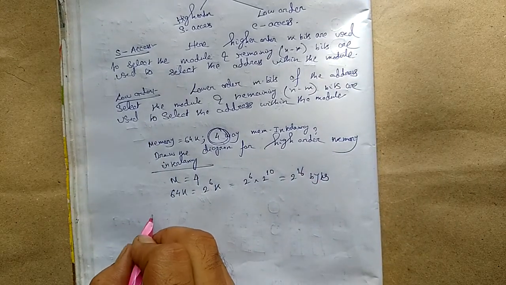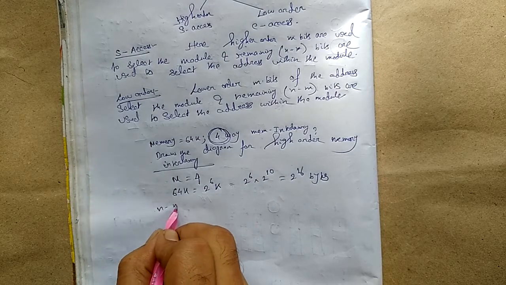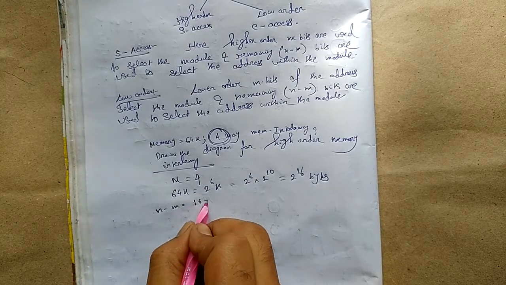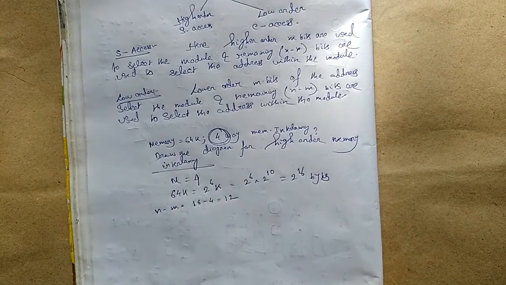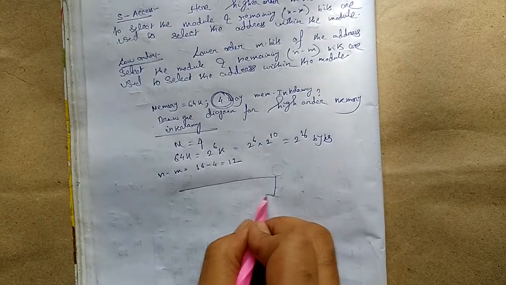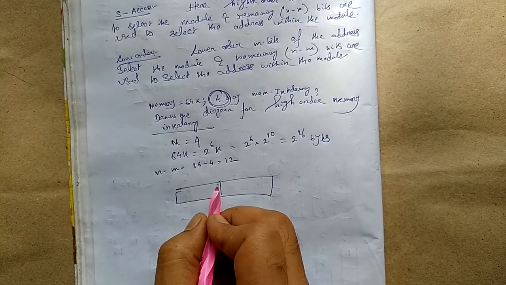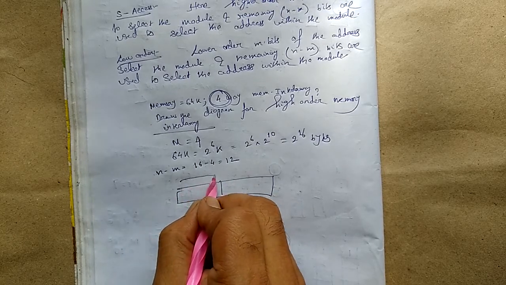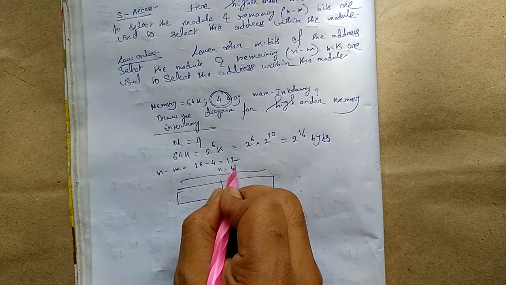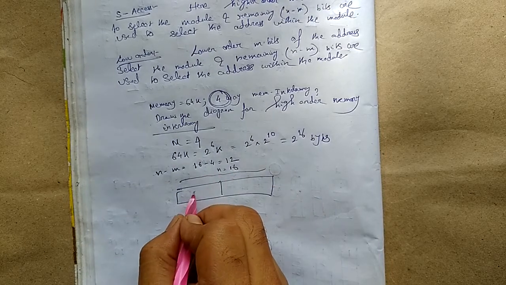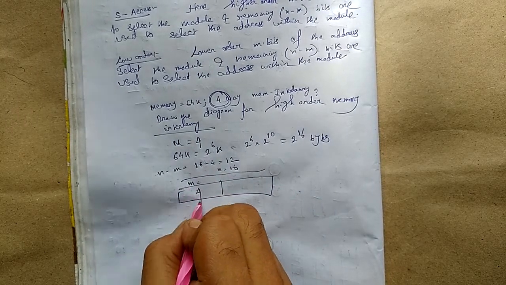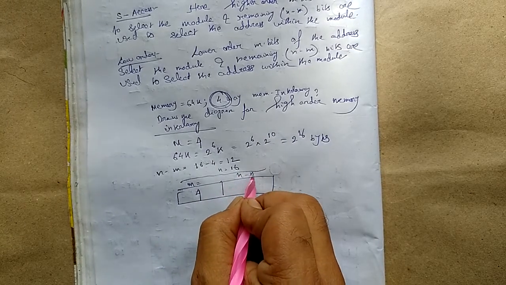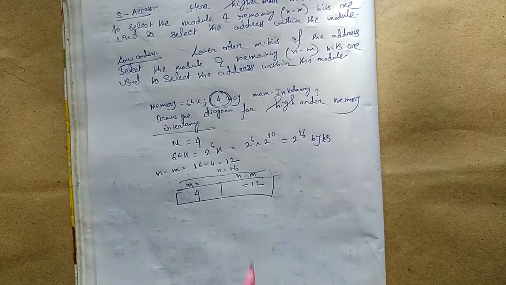The value of N minus M will be 16 minus 4, that means 12. So the total is N, where the value of N is 16, M equals 4 and N minus M equals 12.